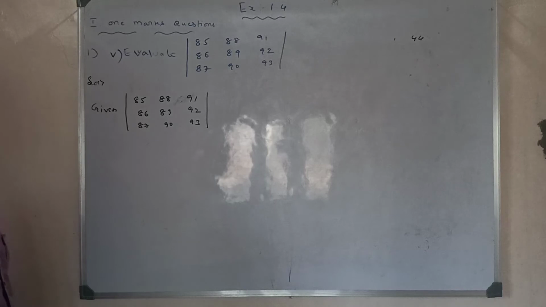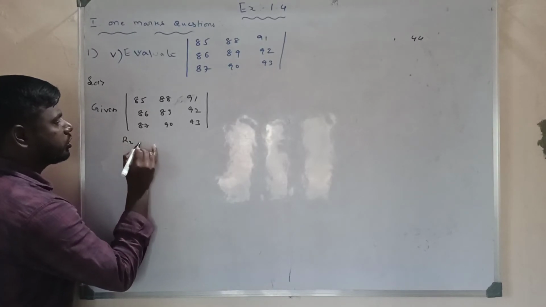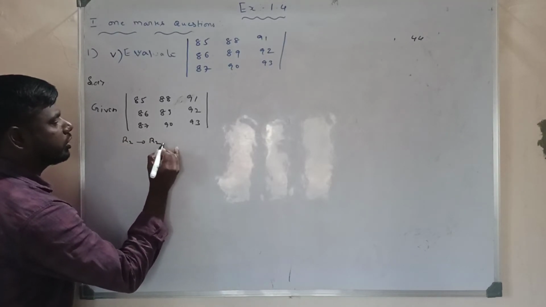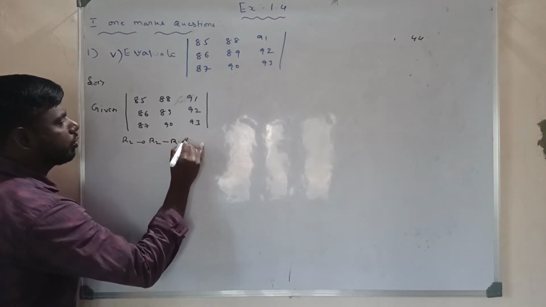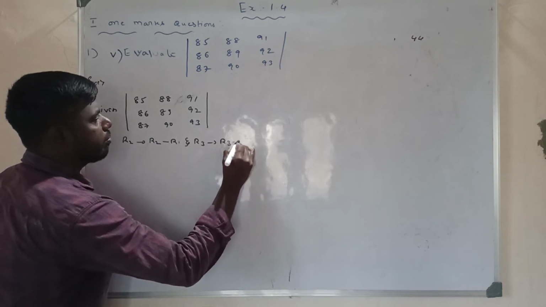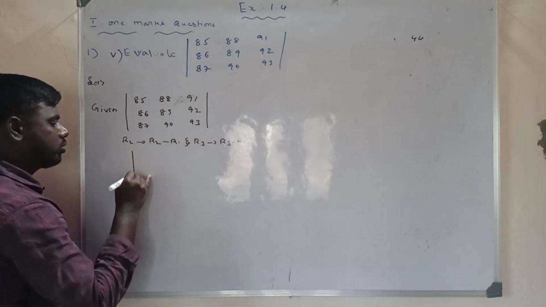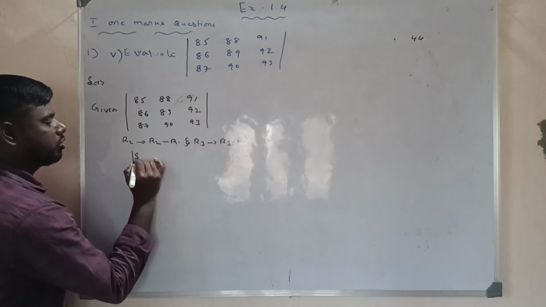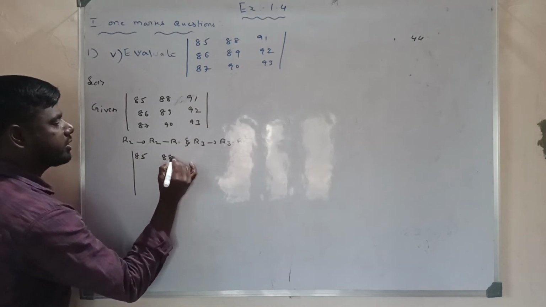Here we apply the row operation. The second row changes to second row minus first row, and R3 changes to R3 minus R2. The first row does not change, so we write it as it is.